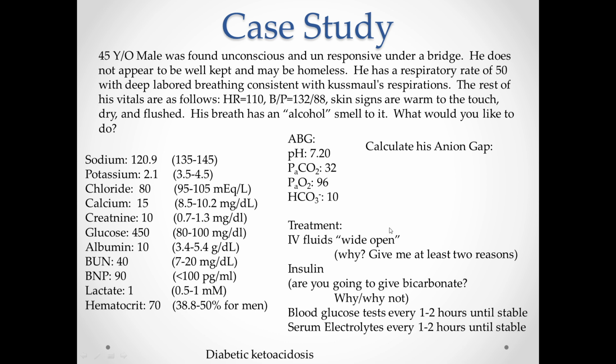Okay, so the treatment of this would be to give fluids wide open. Would be to give him insulin and to provide blood glucose tests every 1 to 2 hours until he's stable, as well as serum electrolyte levels every 1 to 2 hours until he's stable.